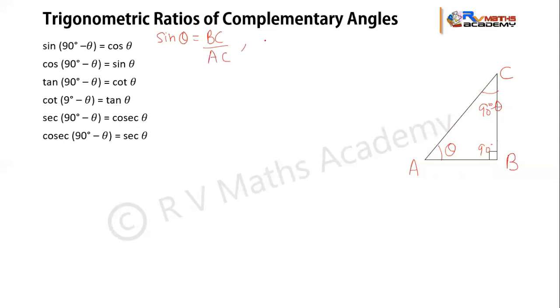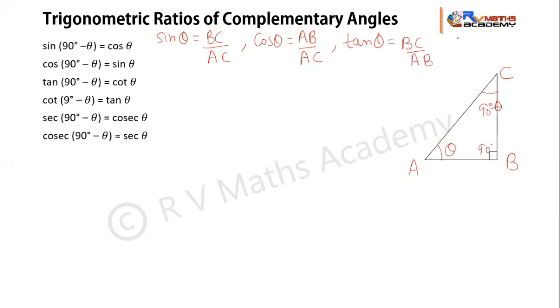Now, similarly write the formula of cos theta. Cos theta is base upon hypotenuse. If this is perpendicular, so AB is the base. So we can write AB upon hypotenuse, that is AC. Now tan theta. tan theta is equal to perpendicular upon base. So this is a perpendicular, so we can write BC upon AB.